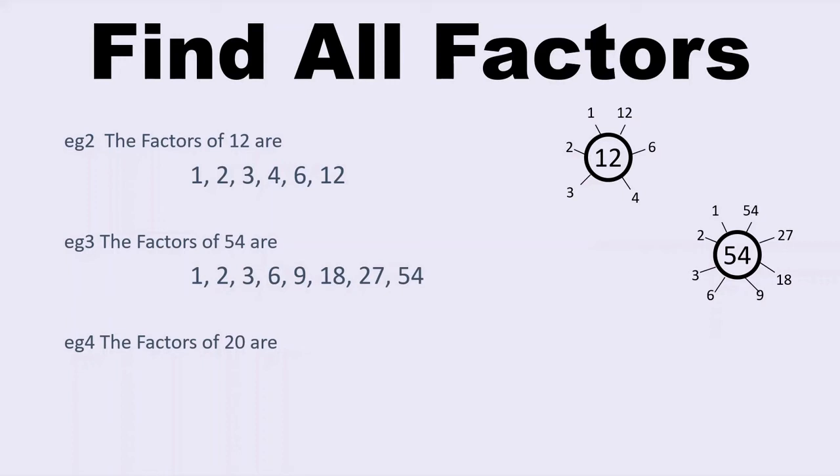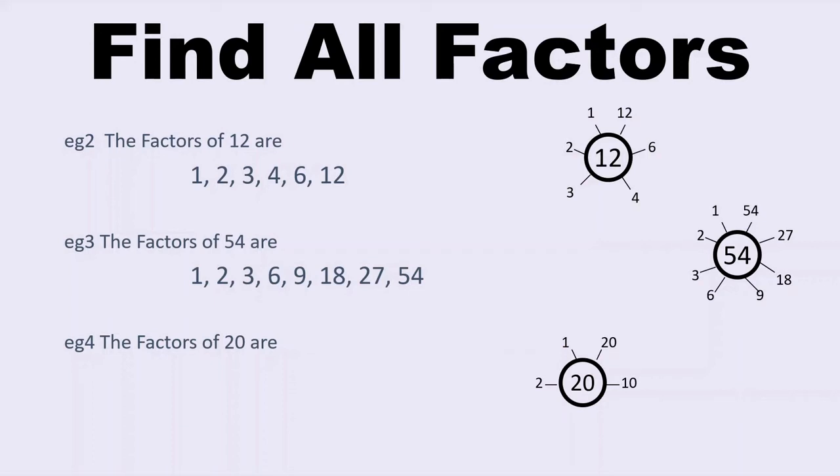Finally, for 20, go ahead and set up your factor spider. Start with the smallest factor, that's 1. It gives you the biggest factor. 20 divided by 1 is 20, so we've got a pair. Next, we'll try the next smallest number, 20 divided by 2. Yeah, that divides by 2, and it's 10. Does 20 divide by 3?